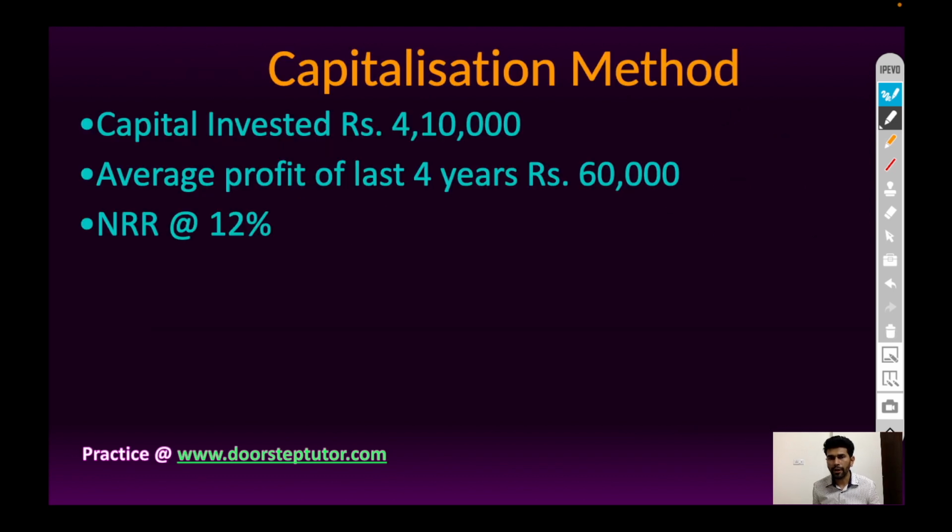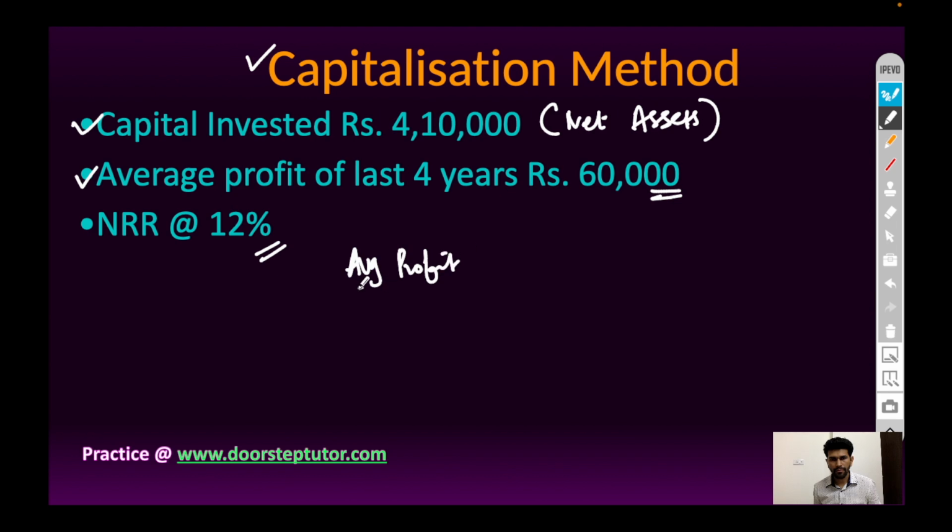Now let's calculate goodwill under capitalization method. Capital invested is given. This is net assets. Average profit of last 4 years is given, 60,000 rupees. Normal rate of return is given, 12%. By dividing average profit with normal rate of return, we will get valuation of firm.